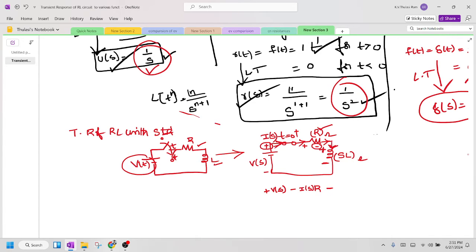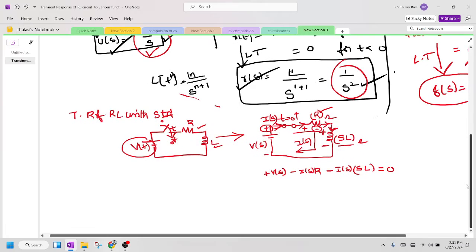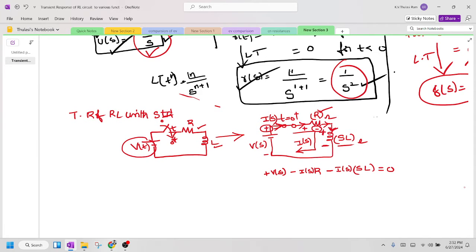So I want to write down the drop. In the series circuit, the current is constant, and that current is I of S. So I write I of S into R, and I of S into S L ohms, and the algebraic sum of voltages is equal to 0. Here I require the value of I of S, so I send I of S to the right hand side.